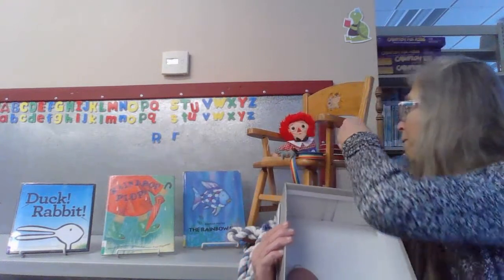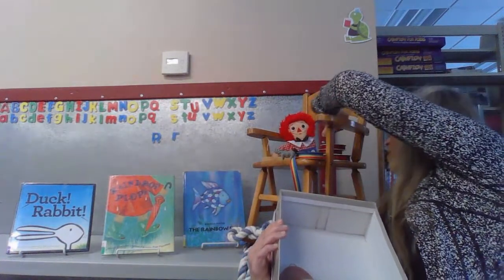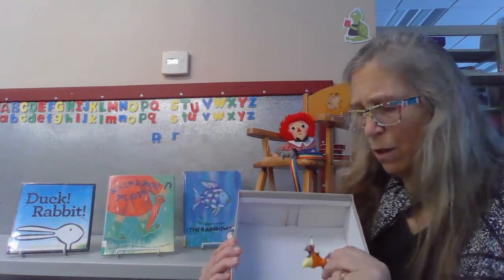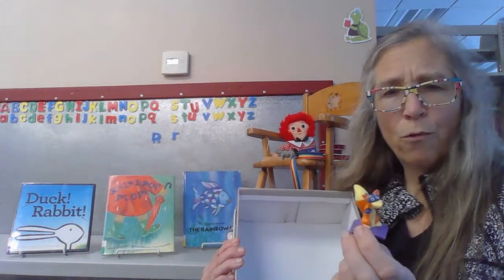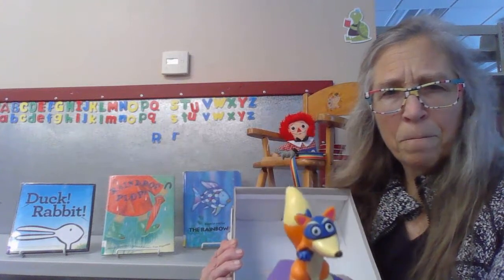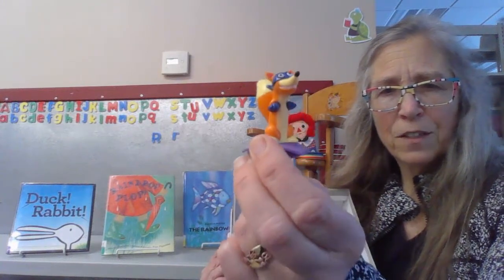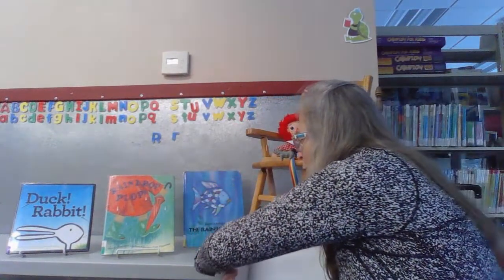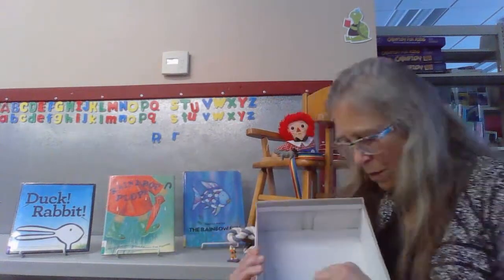We'll put the rabbit on top of the ribbon. And here's a raccoon, is it? Is that a raccoon? Yes, raccoon. We'll put him over here.